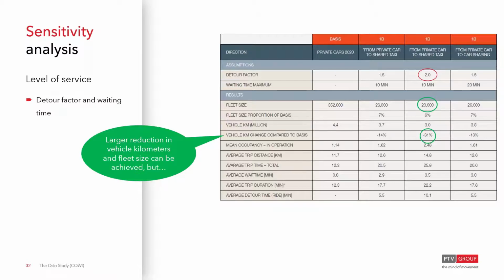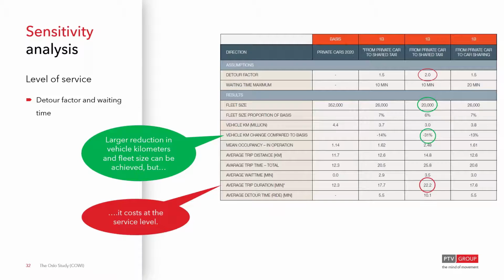We went from 14% saving to 31% saving. This is starting to get into the realm of those other ITF Lisbon studies. But you have to question it a little bit. Is a detour factor of 2 acceptable? And also, if you go for a detour factor of 2, it comes at a cost, because the journey time is increased.